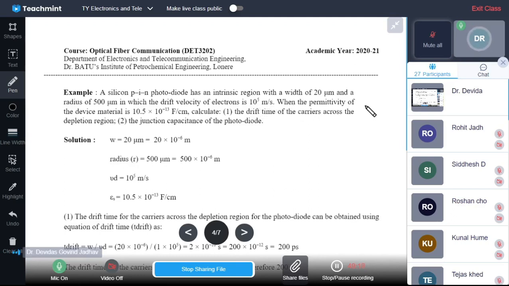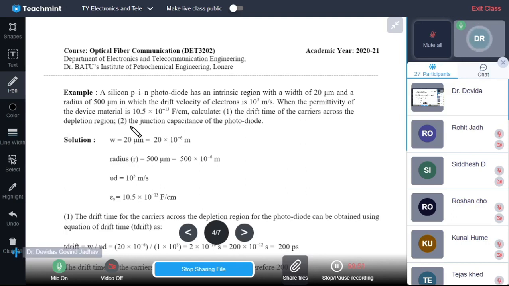When the permittivity of the device material is 10.5 × 10 raised to minus 13 farad per centimeter, calculate number 1, the drift time of the carriers across the depletion region, that is T drift.